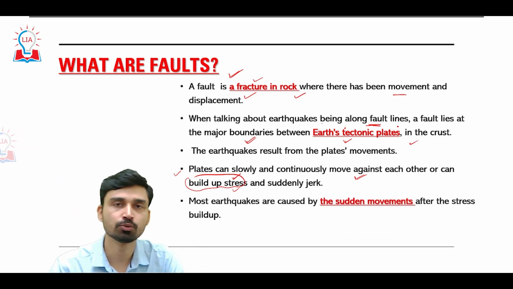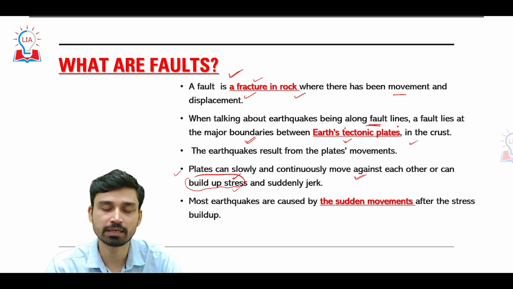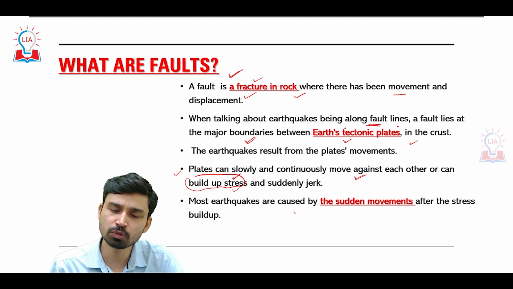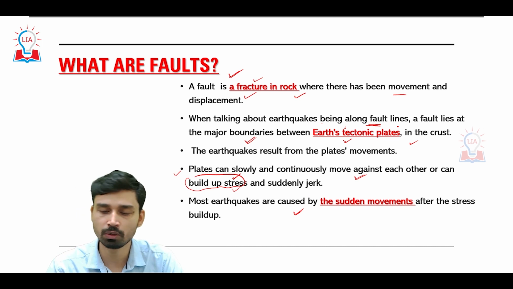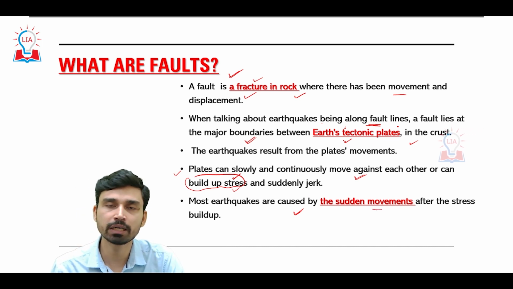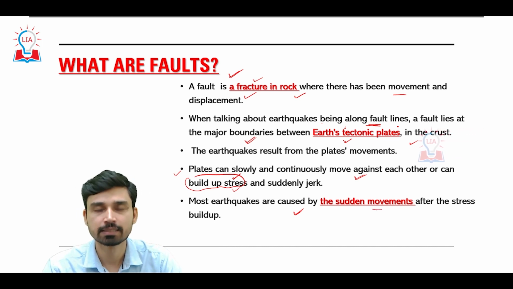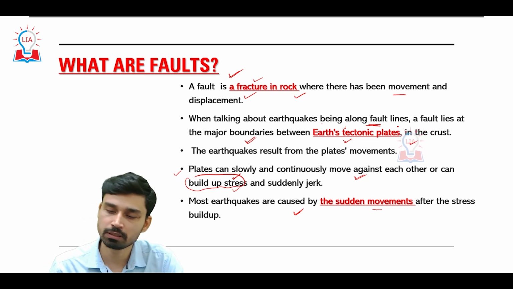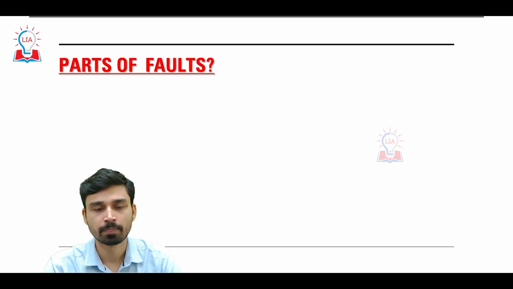That is what leads to the earthquake and the damage caused by it. Most earthquakes across the world are caused not by continuous or gradual movement, but by very sudden movement along the fault line when the stress has built up.